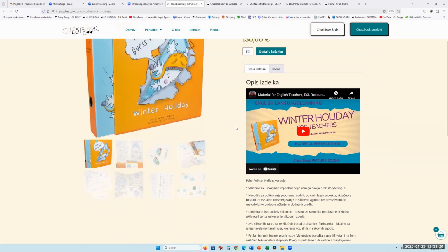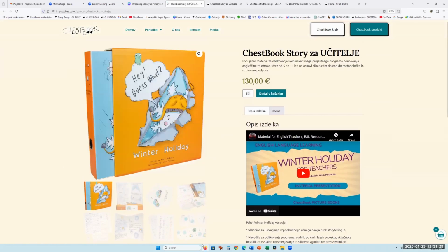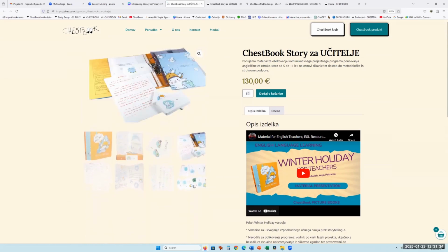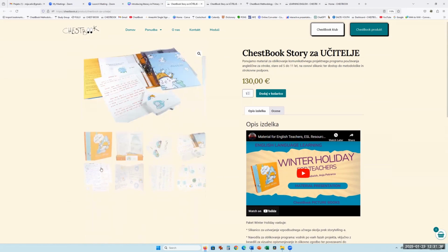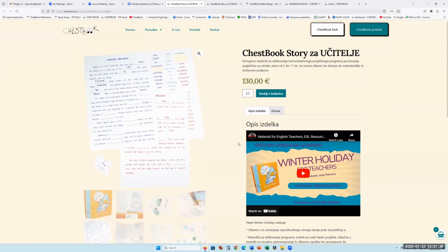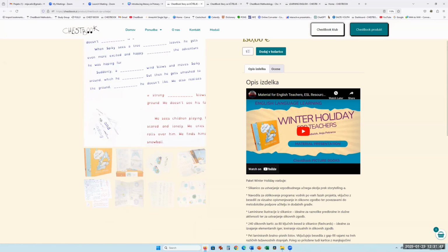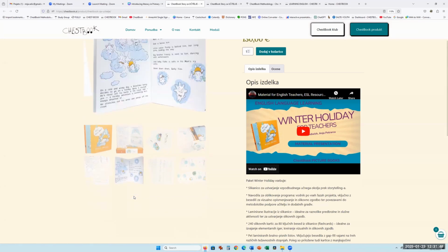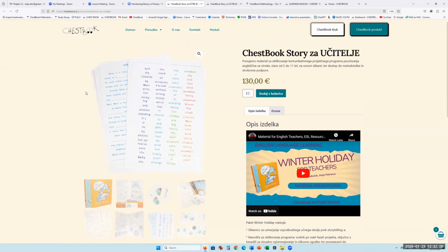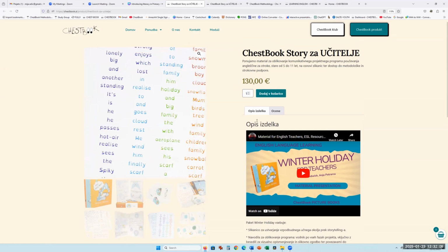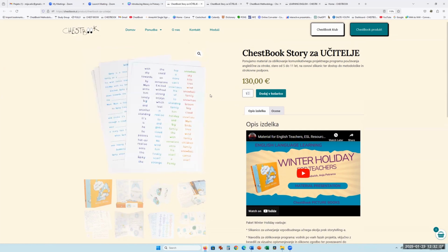So this is the parcel, like a folder, and in it you get a picture book, flashcards, read and write sheets in 3 different levels, together with the words that children can gap fill, or you can write them if you want. And they're color coded. So the light blue one has the light blue words here.